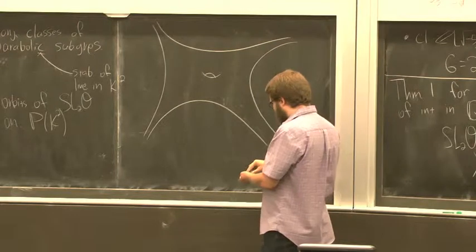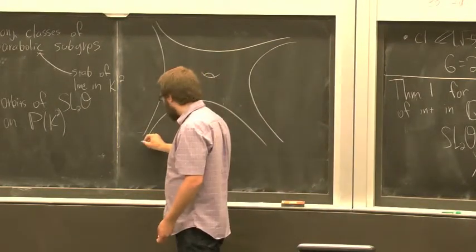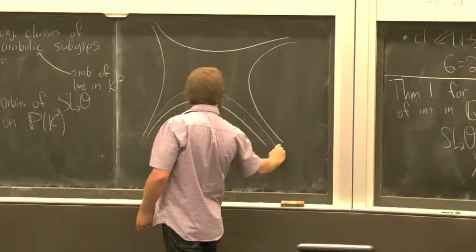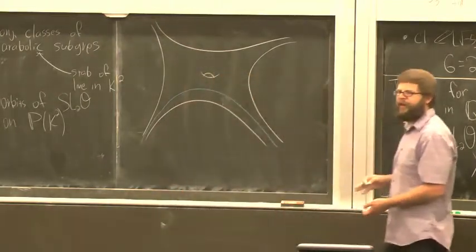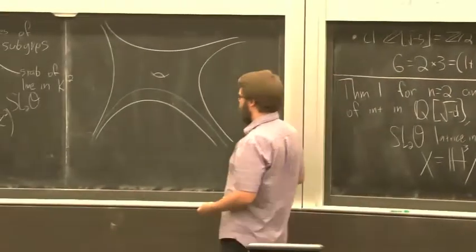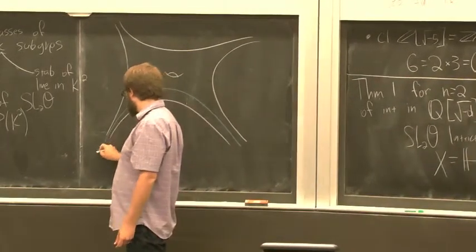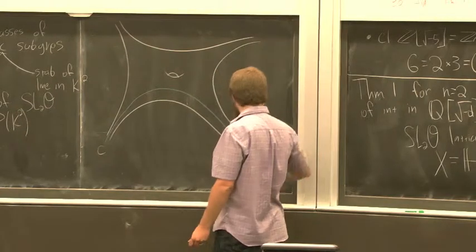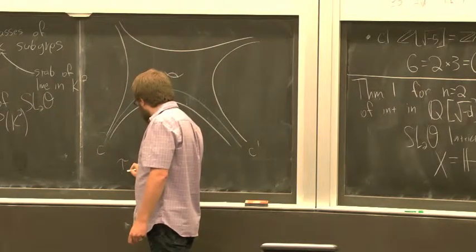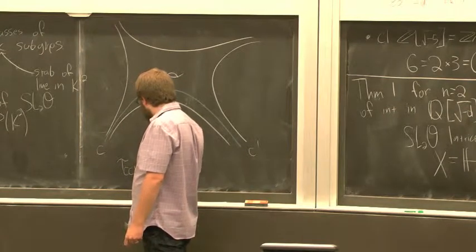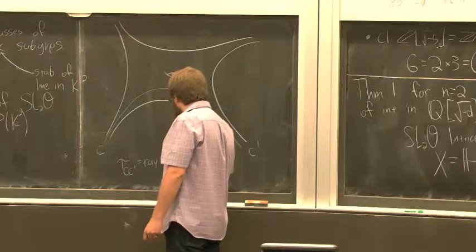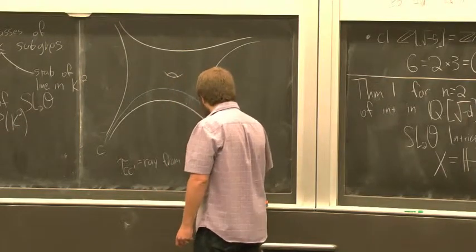I can take a ray that goes from one cusp and exits another cusp. This is a bi-infinite ray. Let's call the cusps C and C prime, and we'll call this tau of C prime. That right there is a ray from C to C prime.